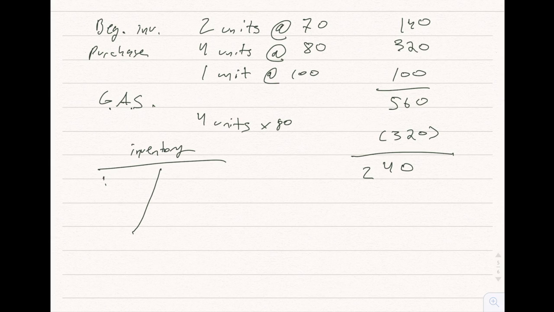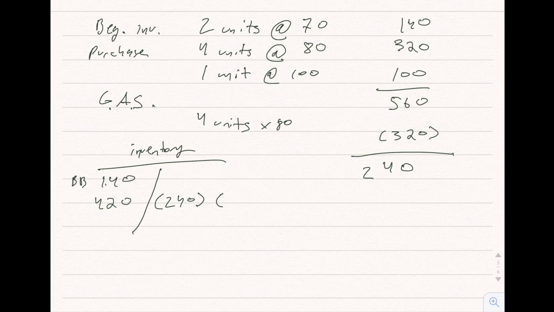Right, so 140, 420. So you started with 140, you purchased 420, you sold some units, and under this weighted average cost method, you recognize cost of goods sold of 240.